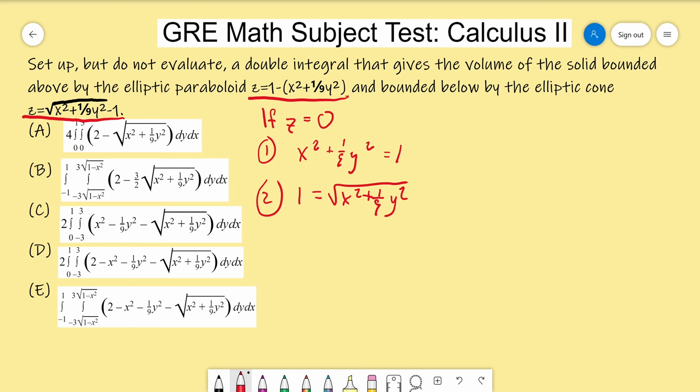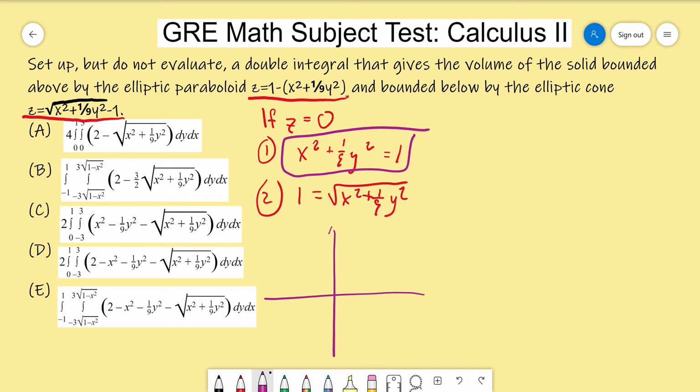And so this x squared plus 1/9 y squared equals 1, that's an ellipse. It is the equation of an ellipse centered at the origin, and the graph looks something like this. This is x, this is y. So when x equals 0, then y is equal to 3.